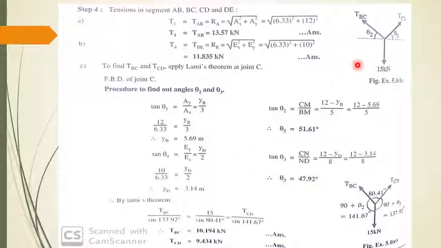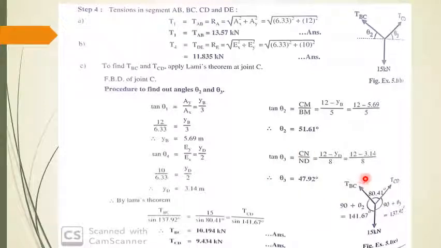Now, you can find the value of theta 2 by the geometry. Similarly, you can find the value of theta 3 by the geometry. It is given in the previous slide. So, you can again go through that slide and see how to find out theta 2 and theta 3 by using the geometry.